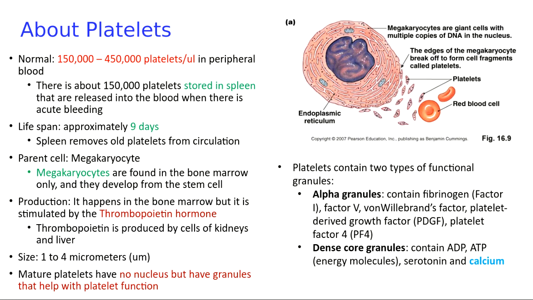Going back to the granules, there's no nucleus in the platelets, but there are granules. They have specialized functions and are divided depending on their function. They are either alpha granules or delta or dense granules, and they have different substances that make it possible for platelets to actually work well.